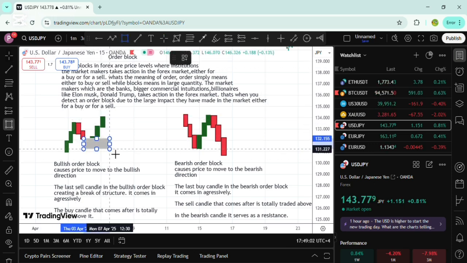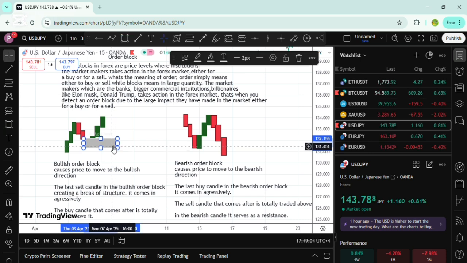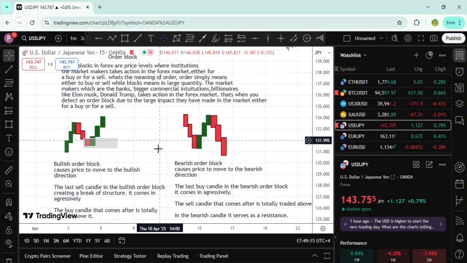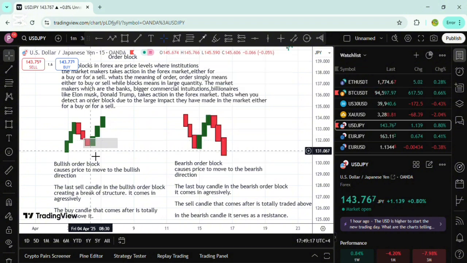So where is the first negative candle there? That's the first negative candle, which is the red. The red is the first negative candle before the bullish candle.